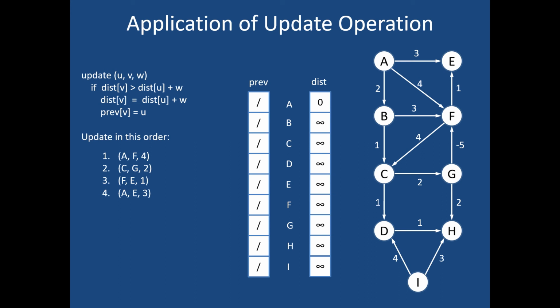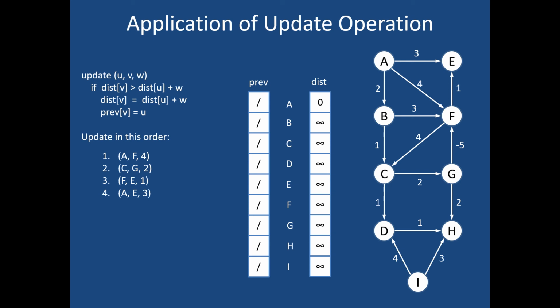Okay, so keep in mind, F is playing the role of V, and A is the role of U, and 4 is W. What's the current distance to V, the distance to F? Just look in the distance array. Infinite. Okay. Is that greater than the current distance to U? Remember, U is A, so what's the distance to U? Distance to A. That's 0, and then plus the 4.